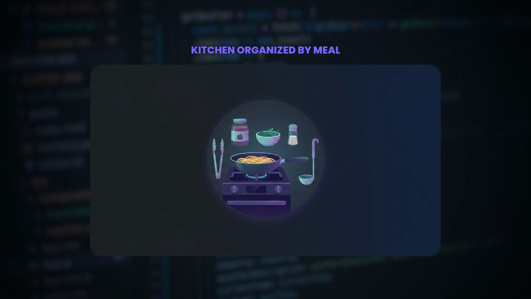Now, vertical slices are like a kitchen organized by meal. Everything you need to make the pasta is in one station, the whole recipe in arm's reach. You cook the dish without touching anything that belongs to a different dish. That's pretty much it. That's the whole idea. So organized by feature and not by layer.